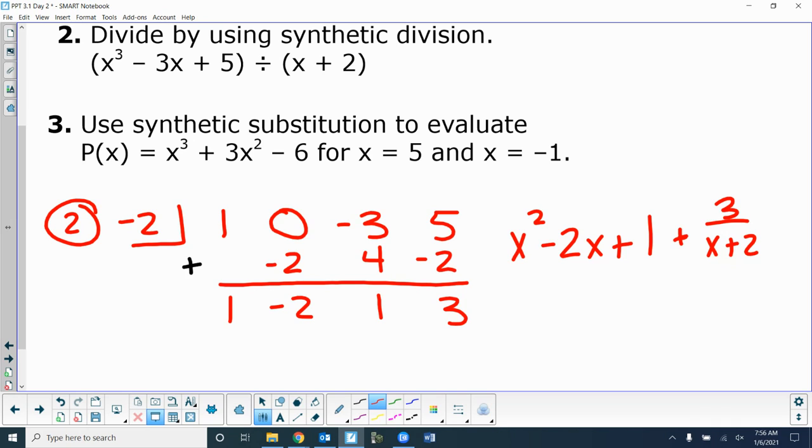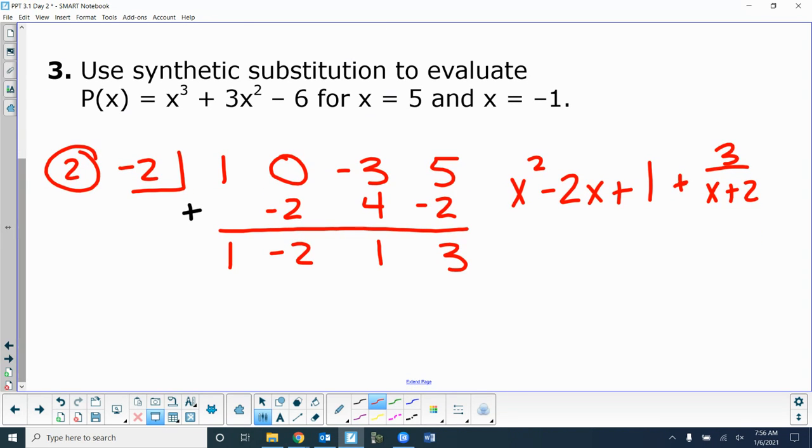For number 3, you have to do synthetic division, put 5 in the corner and -1 in the corner. So you have 2 problems there. Okay, I got my 1 for x cubed, I got a 3 for x squared. I don't have an x, so I got to put a 0 there this time. And then the -6.